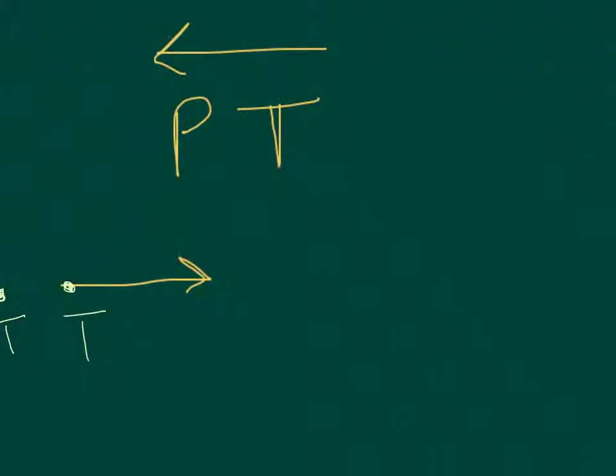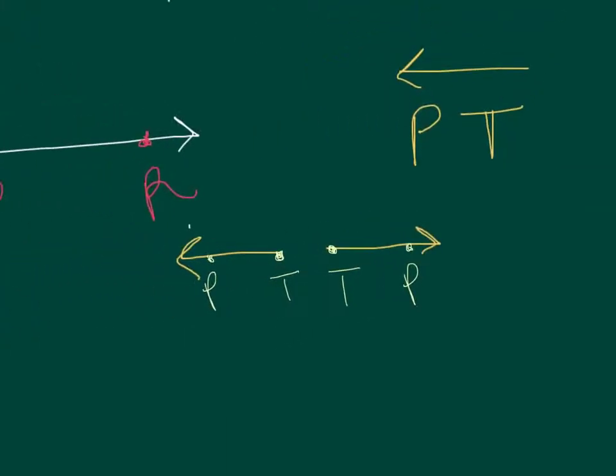If you said T, you're correct, because the T is on the end of the ray. Underneath the arrow, we have the other point, P. Okay, so do you see how these look different? You have ray PT, ray TP and ray TP. They're just written differently, okay?